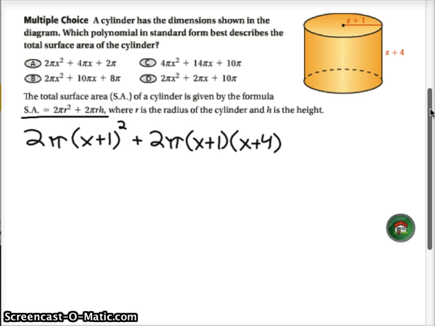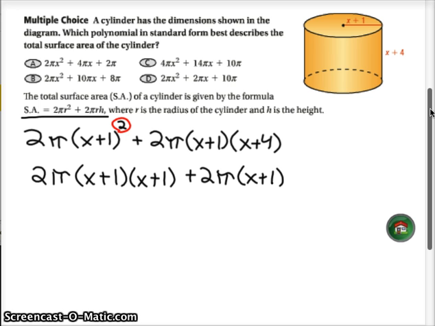All right, so quite a bit going on here that we need to take care of. The first thing that I want to do is I'm going to notice this squared right here. To make it more obvious what needs to be done, I'm actually going to write it out. So I'm going to take 2 pi, and what that squared means is you're taking the x plus 1 and multiplying it to itself.